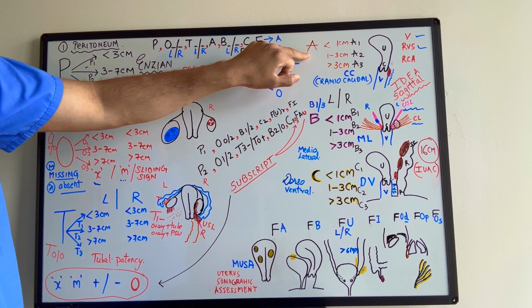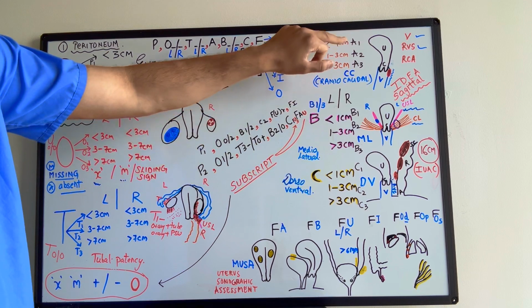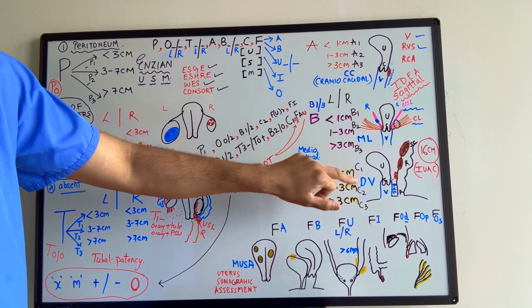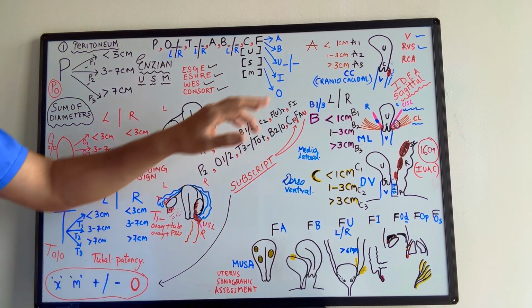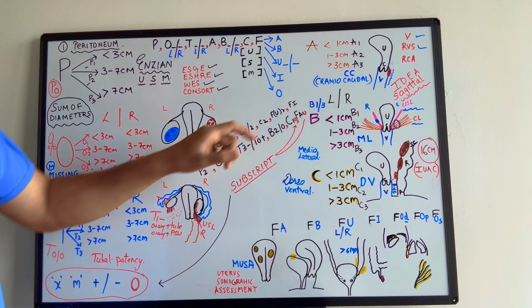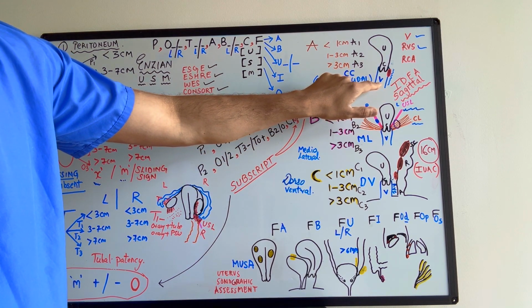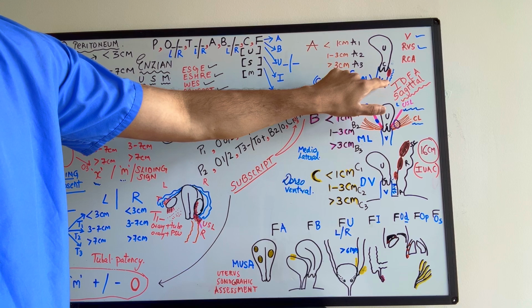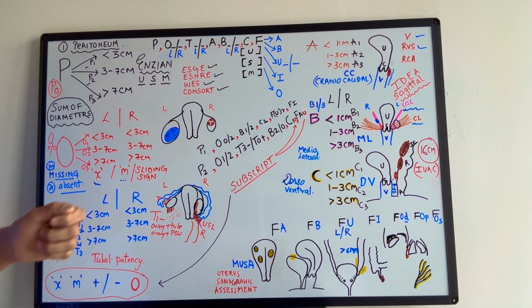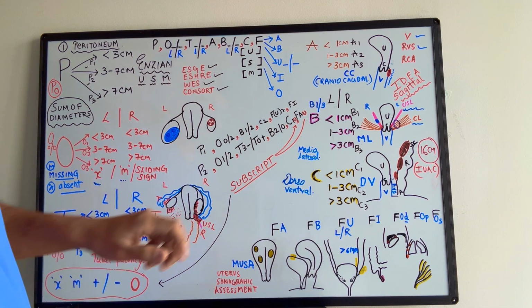So every alphabet, A, B, and C, has A1, A2, A3, B1, B2, B3, C1, C2, and C3. A is in the craniocaudal plane. It involves the lesion in the vagina, in the rectovaginal septum, retrocervical area, and it's measured on ultrasound scan or MRI scan in the sagittal plane.